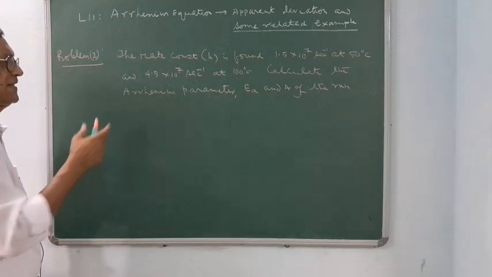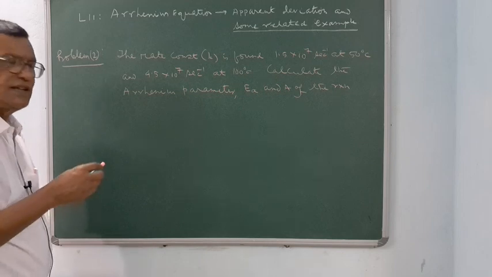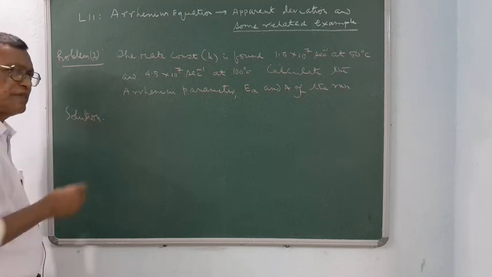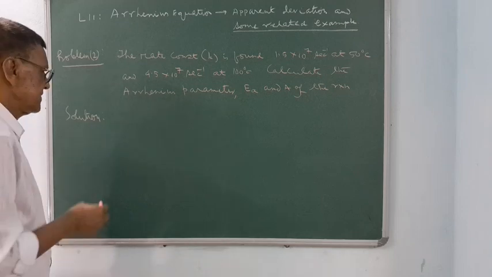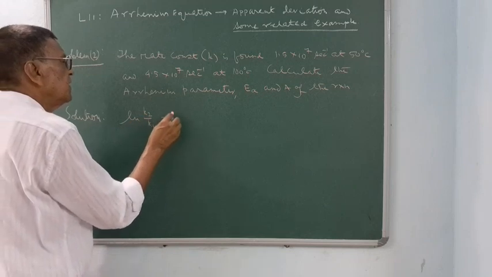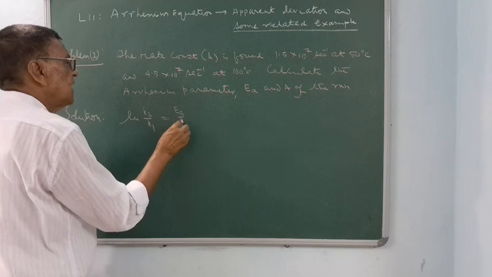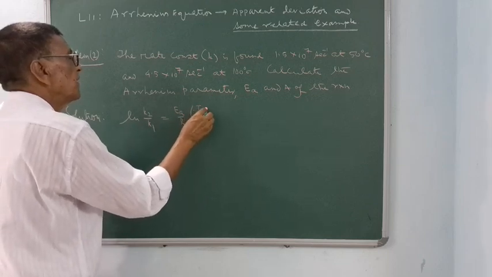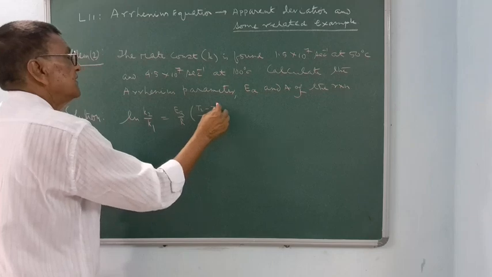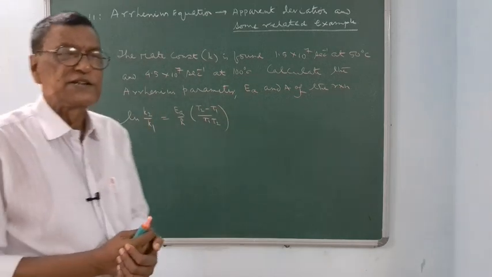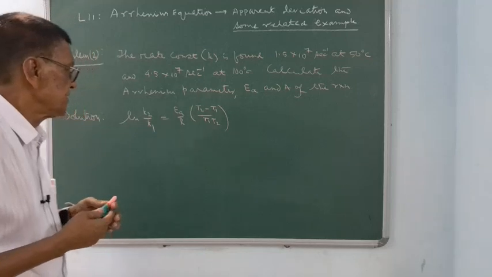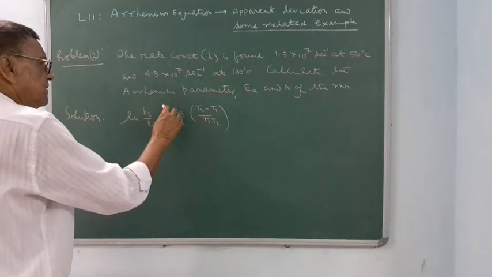So in this case, at two temperatures, the solution will be ln K2 by K1 equal to EA by R into T2 minus T1 divided by T1 T2. This is another form of the Arrhenius equation, which gives the rate constant at two different temperatures. So first we find out the activation energy.